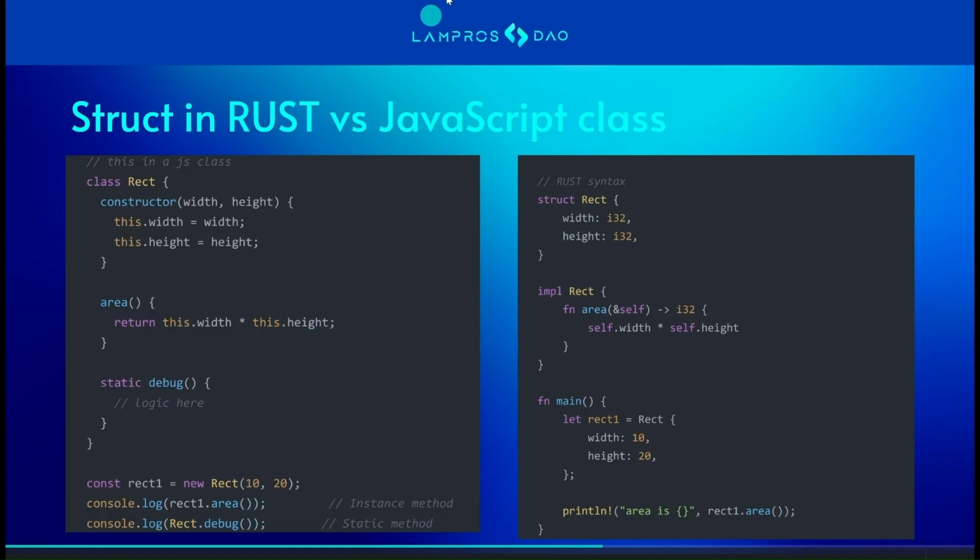Let me explain again: this refers to the object on which the area method has been called, so rect1 has been passed here, meaning rect1.width and rect1.height, right? So 10 multiplied by 20 is 200. So rect1.area will return 200. In the same way we have it in Rust.